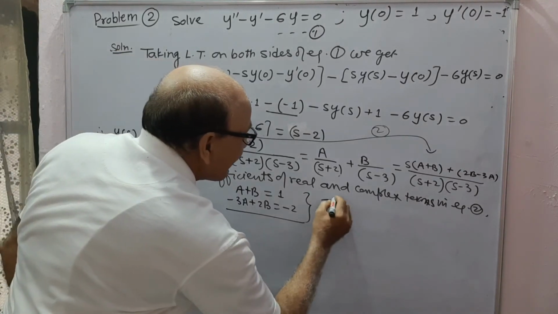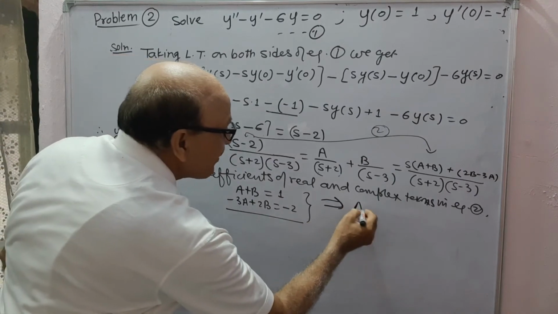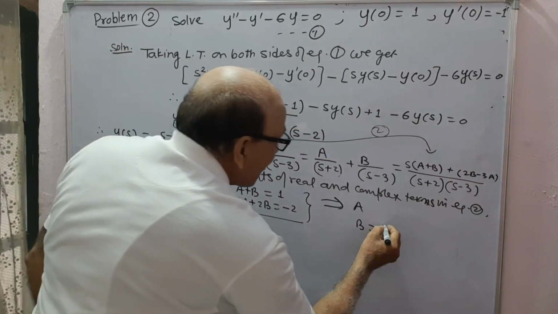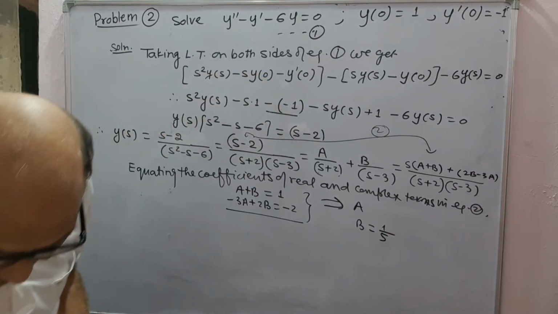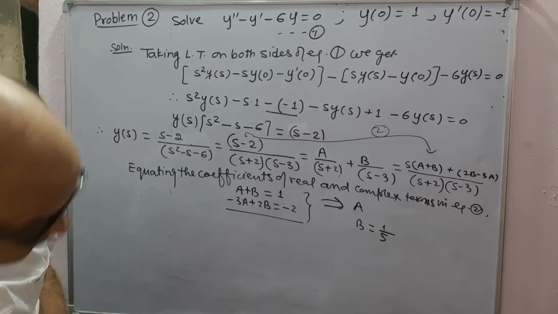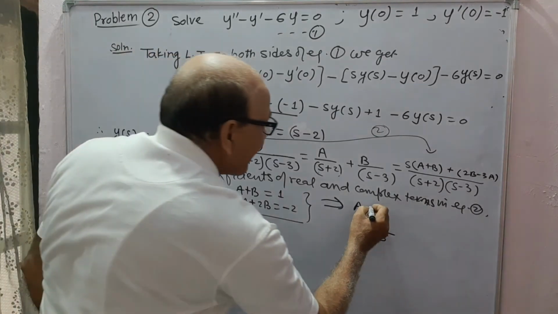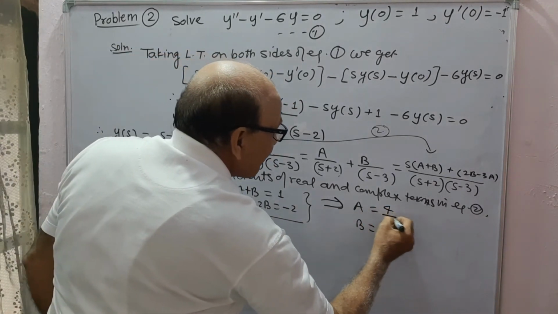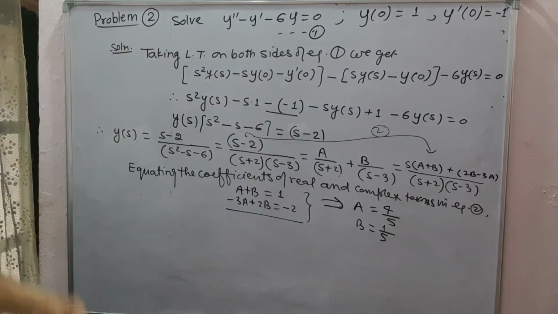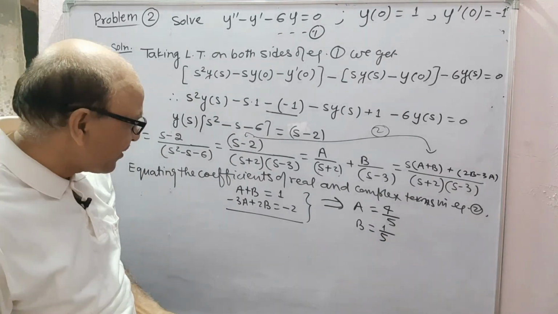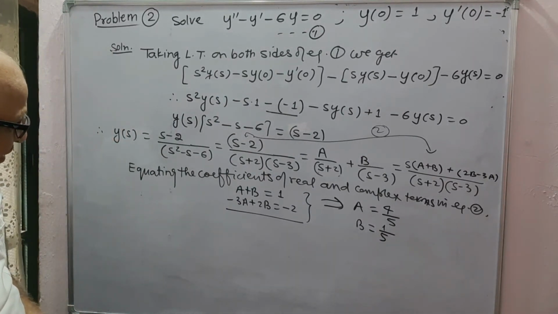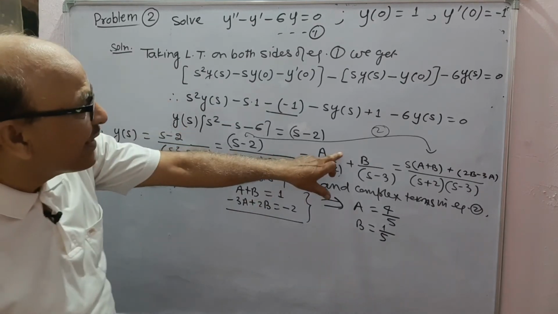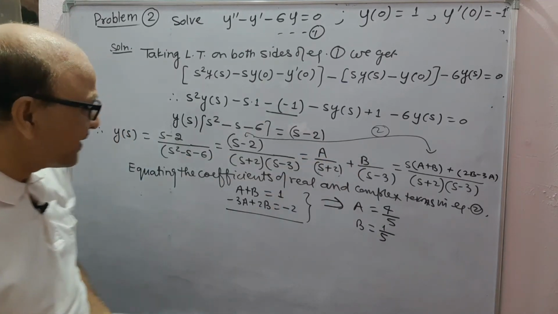On solving these two, we get the values of a and b: b is 1 upon 5 and a is 4 upon 5. So the unknown values of a and b now become known. Now we can put these values in place of a and b here.